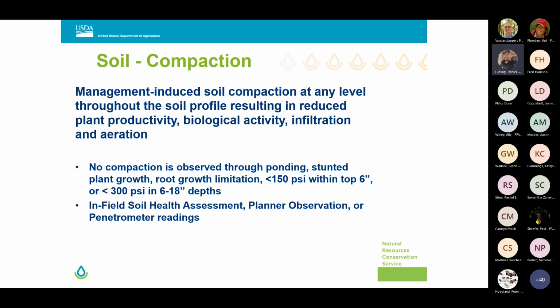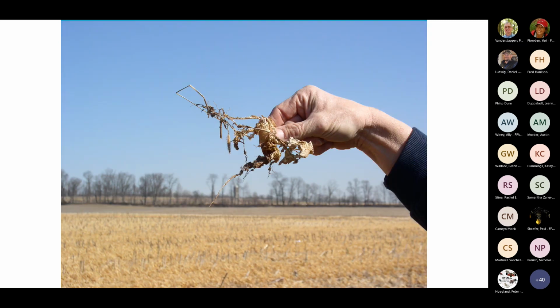You press that probe down in and read the gauge, and if you hit certain levels, then you can record that we have soil compaction. We have some other assessment tools like the in-field soil health assessment, and seeing our roots. Obviously we have some sort of compacted layer, and then we'd be looking at the different practices we can use to break up that compacted layer.